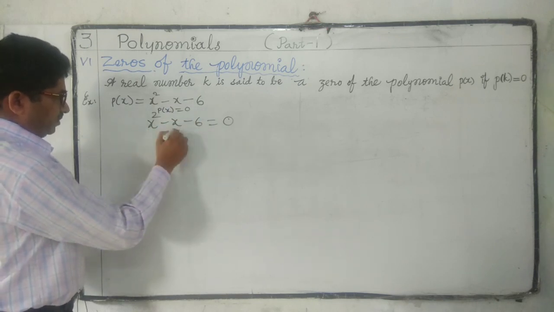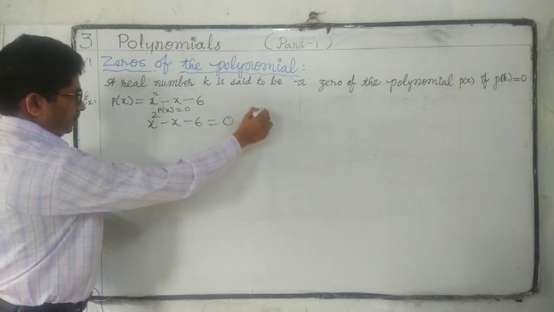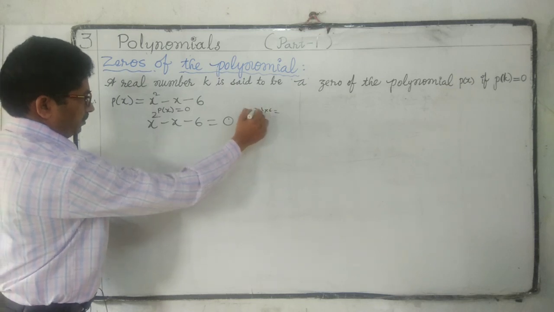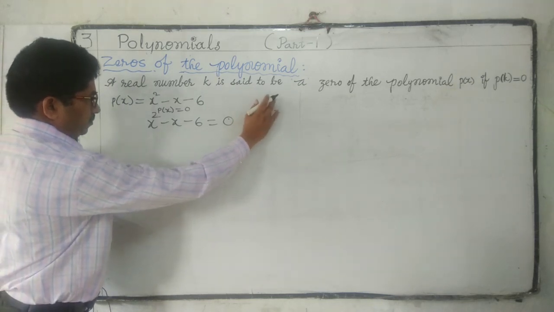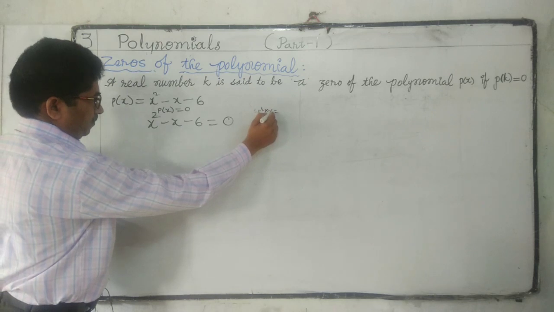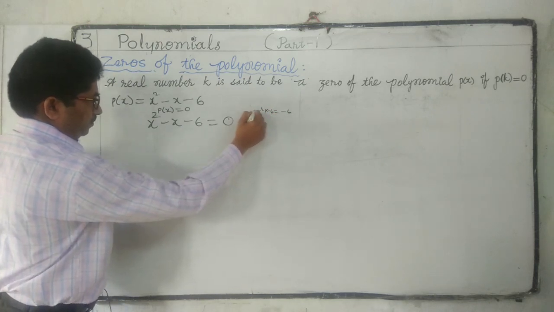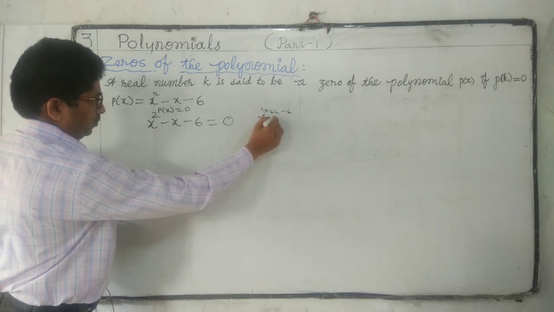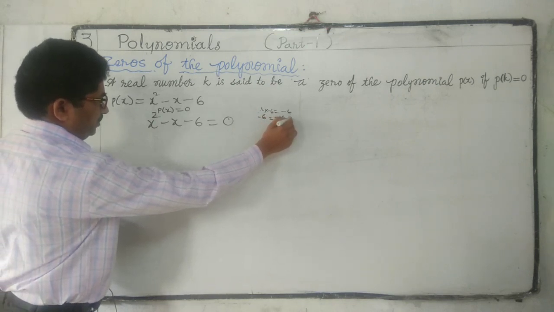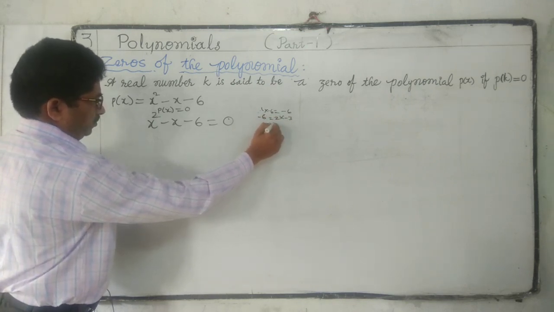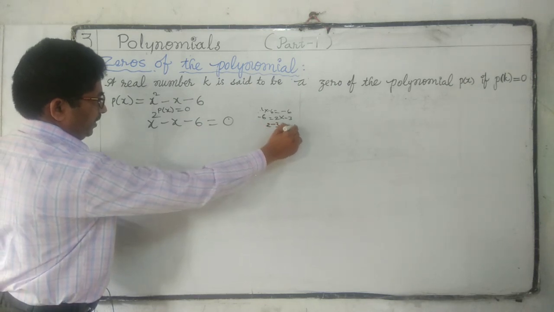We can factorize this. The product is minus 6: 2 times 3 is 6, and 2 minus 3 is equal to minus 1, which is the middle term.